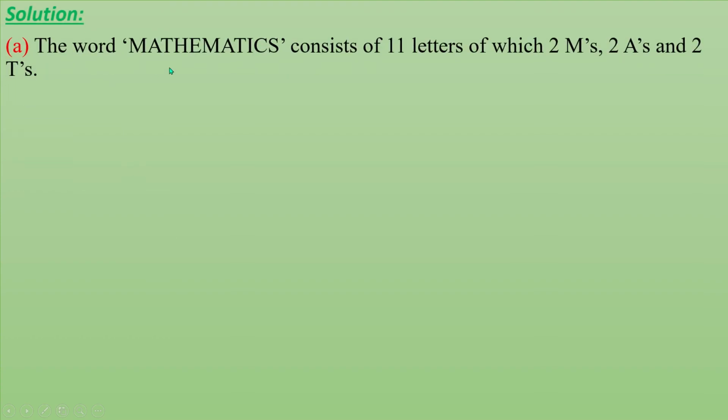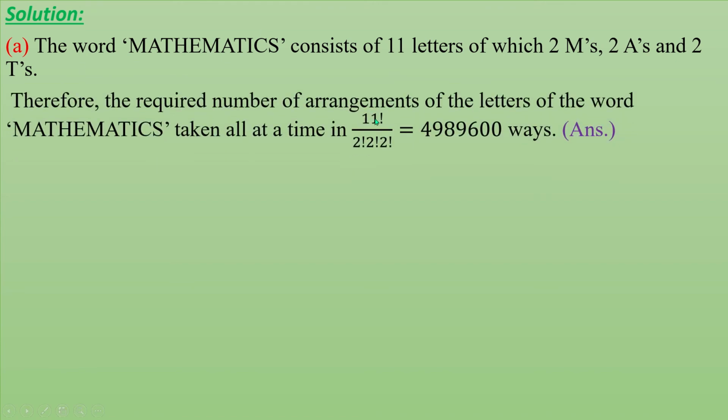Now follow the solution. A number: the word mathematics consists of 11 letters, of which there are 2 M's, 2 A's, and 2 T's, and the remaining are all different. Therefore, the required number of arrangements of the letters of the word mathematics taken all at a time is 11 factorial divided by 2 factorial into 2 factorial into 2 factorial.